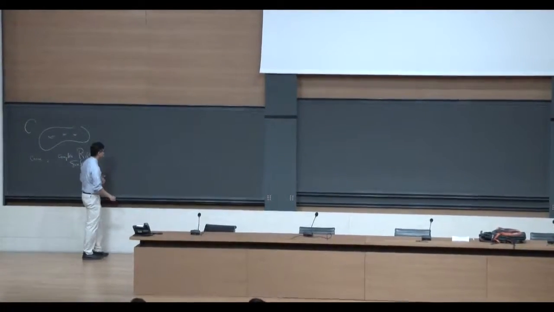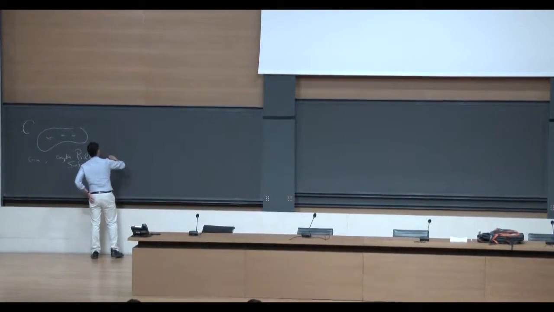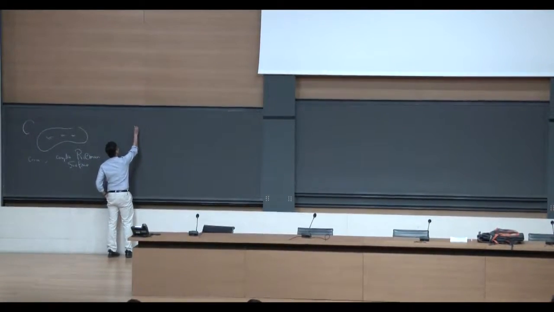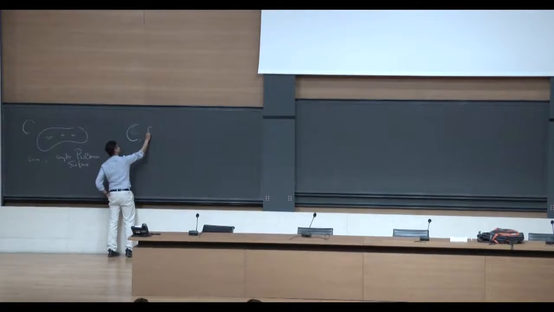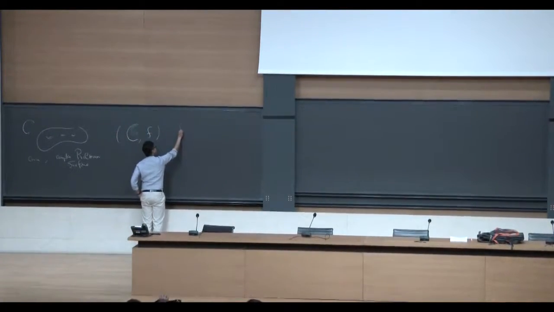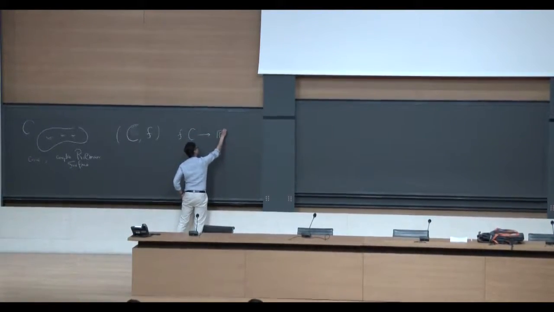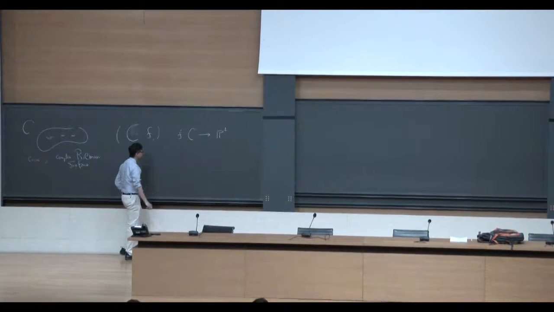In fact, the very old way of studying Riemann surfaces is with a rational function. You can take C and F. So F is a pair. So F is some holomorphic map to P1, a rational function.